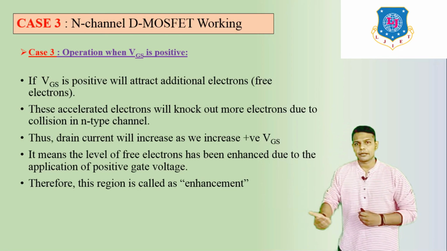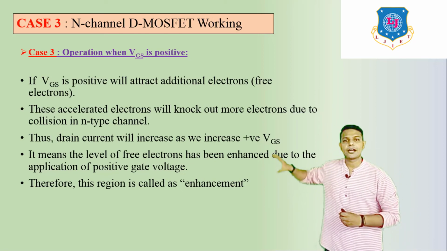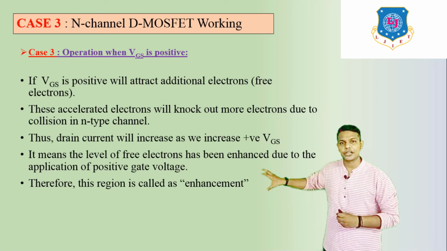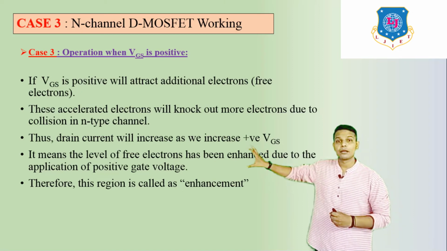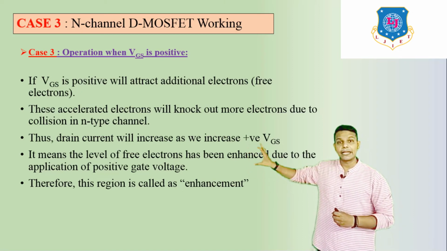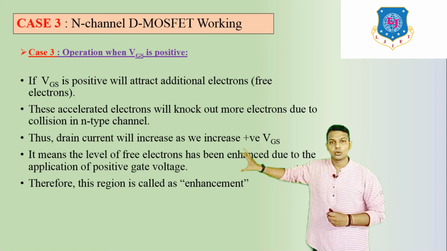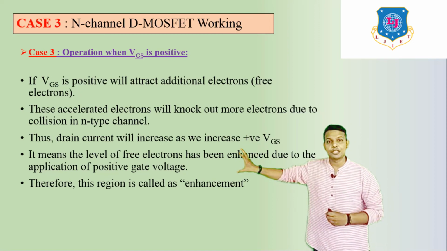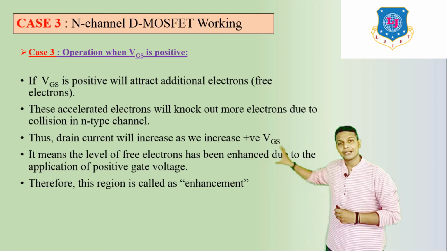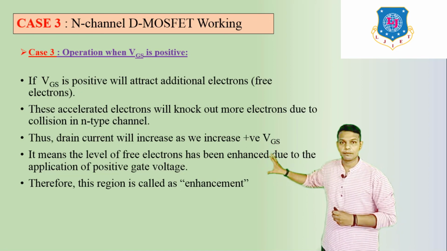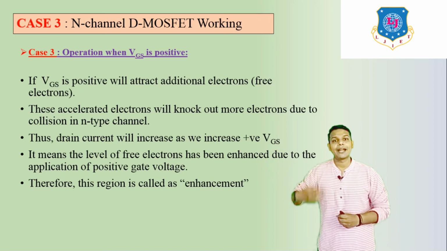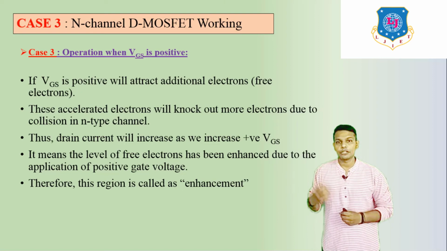So first, for example, if there are 50 electrons in N channel and 50 more electrons available in P-type region, so that P-type region electrons join this electron due to more and more positive voltage.